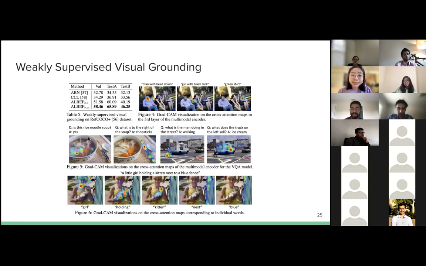And we can see that in terms of the VQA task here in figure 5, the model is able to pay attention to the correct regions of the image when a specific question is asked, and the attention is quite similar to where humans would pay attention when answering these questions. So although these results might be cherry picked, I think this shows potential that this model can really model the image text interactions really well.